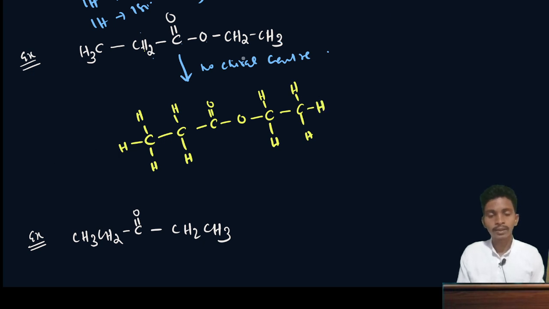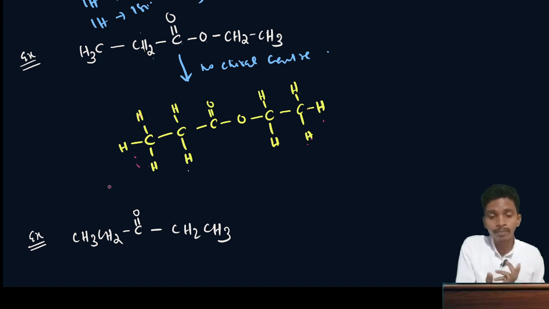Since no chiral center is present, all enantiotopic stay enantiotopic, all diastereotopic stay diastereotopic, and homotopic will always remain homotopic, not affected by a chiral center. So these are homotopic. This 3H also is homotopic, this is homotopic, and this is also homotopic.